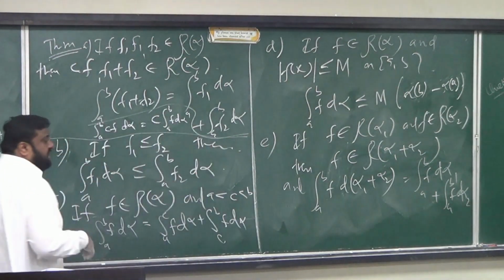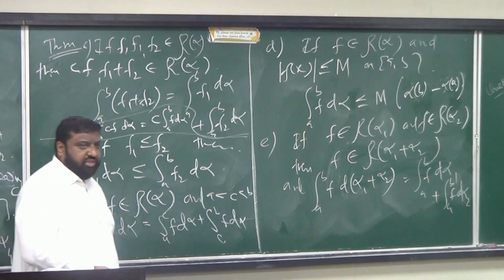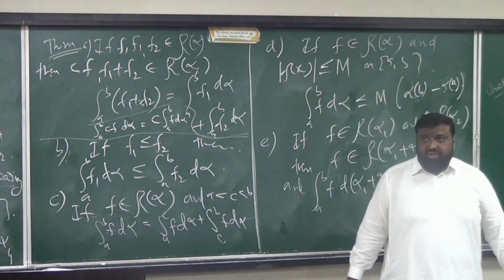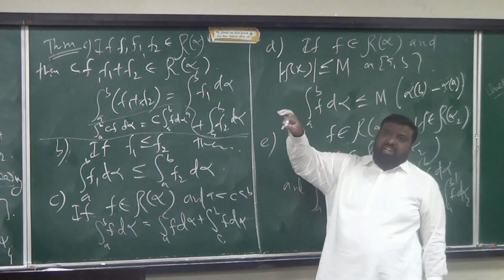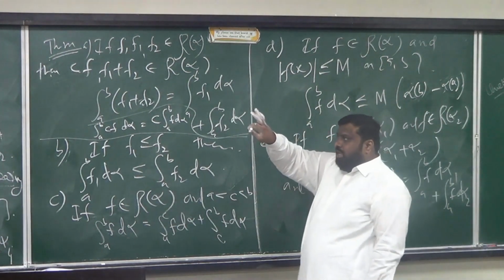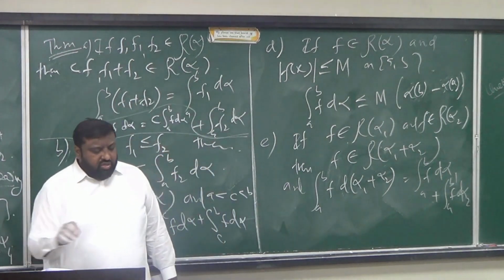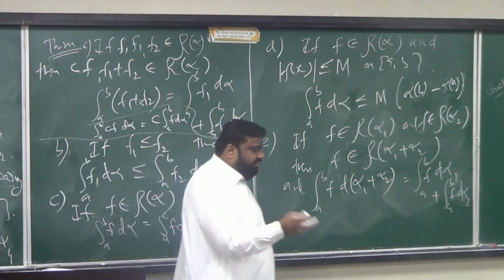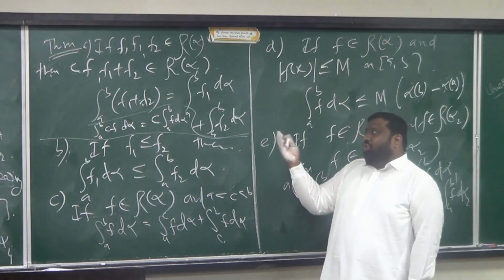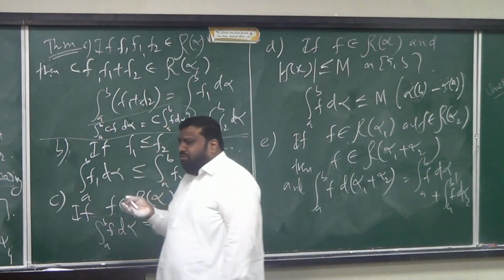So this Riemann-Stieltjes integral is a linear transformation. Linear transformation from where to where? From the vector space R of alpha into R, the reals. We can actually show that R of alpha is a vector space. But what should be the field?